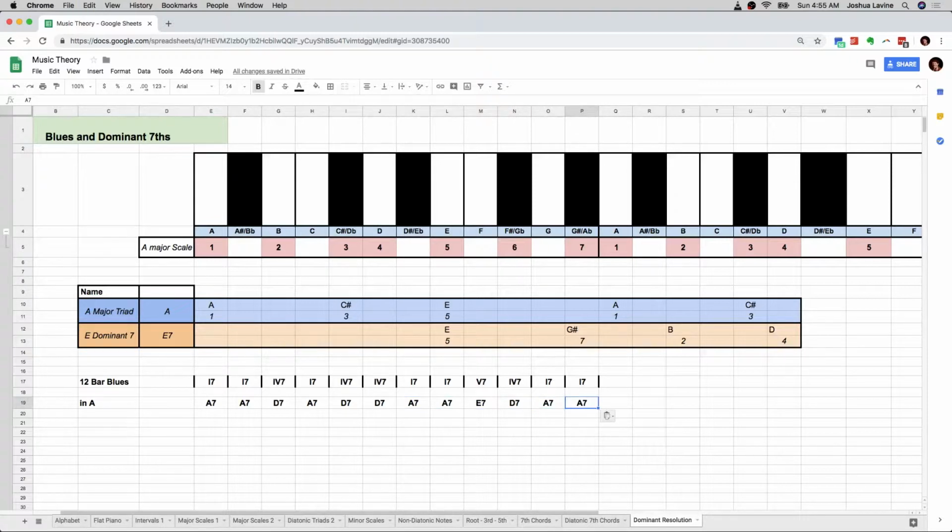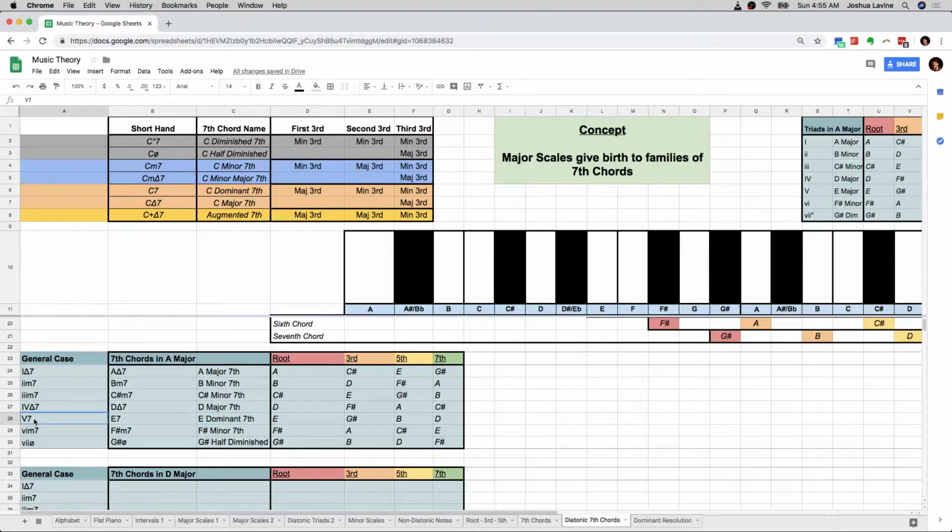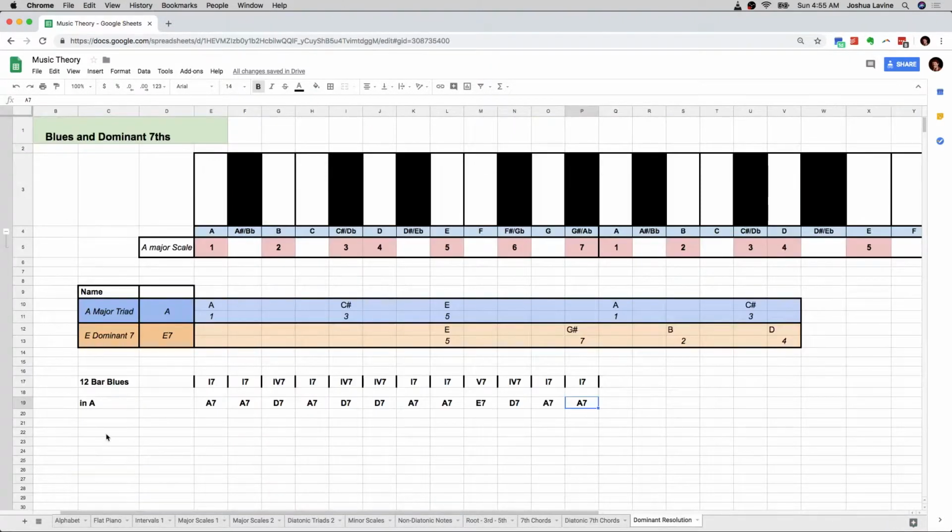Now you're going to say to yourself, well, hold on a minute. I thought we just talked about how there's only one dominant seventh chord in any key. So why are we talking about three different dominant seventh chords?